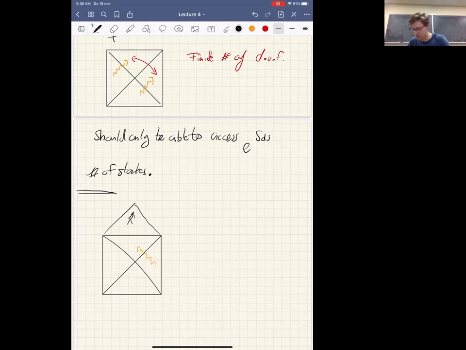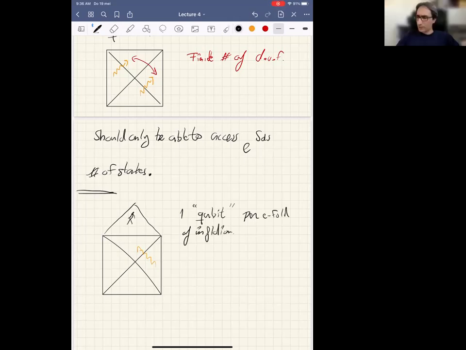Typically what happens is that there's one qubit, or one mode, generated per e-fold of inflation. Is it an assumption? It's not really an assumption.